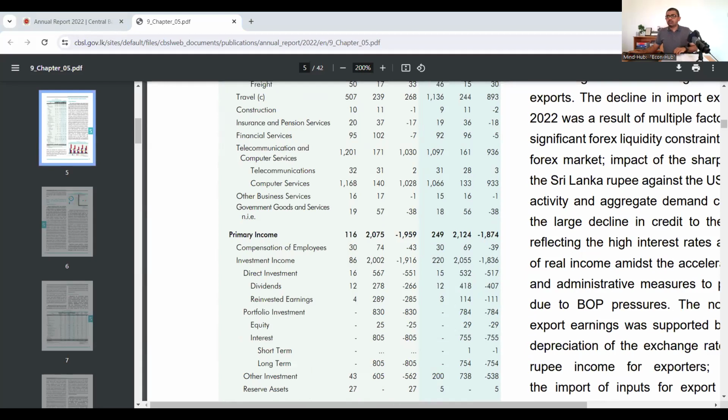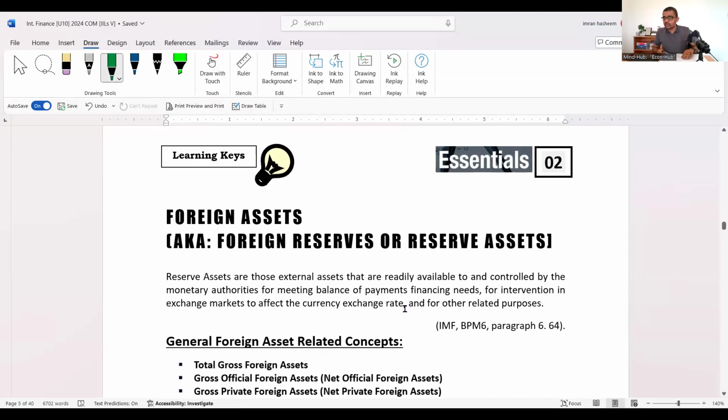So let's talk a bit about the foreign assets situation, right? Some basic concepts you guys have to know. That's the requirement, okay? Page 15, foreign assets. I have given a definition as per the International Monetary Fund Balance of Payments Manual, 6th edition.